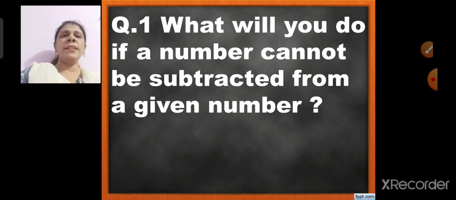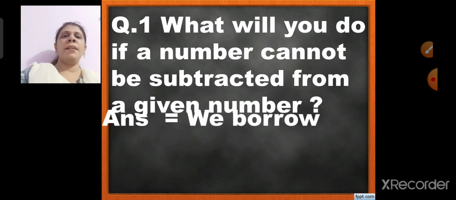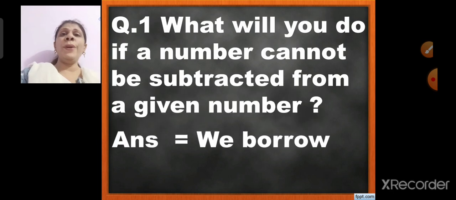If a number cannot be subtracted from a given number, we borrow.